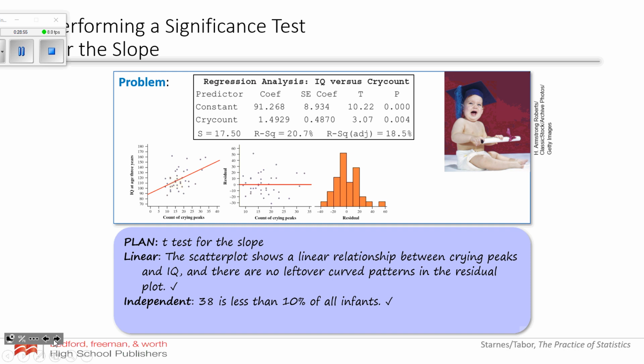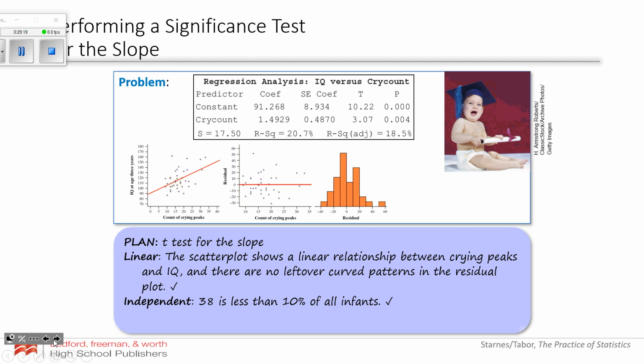Then a histogram of the residuals, right? So linear, you can demonstrate it two ways. I shouldn't say prove. The scatter plot looks as though you have a positive relationship, or the residual plot doesn't really have any pattern to it.